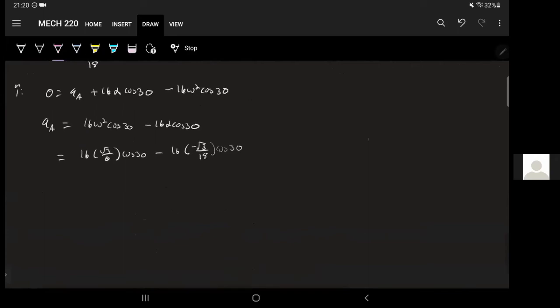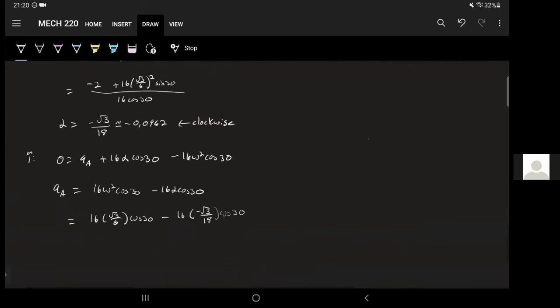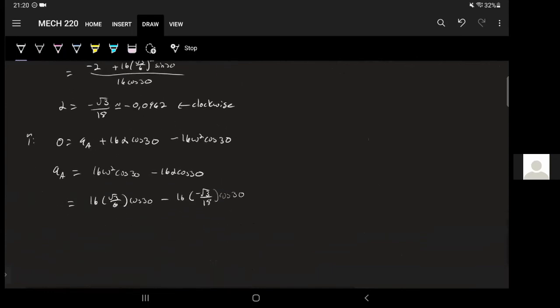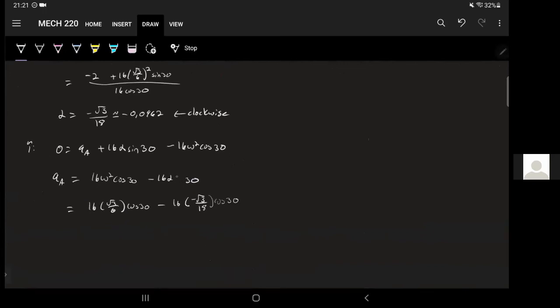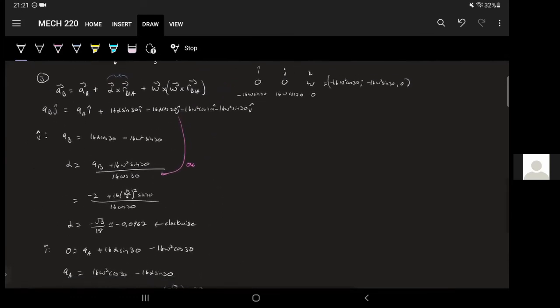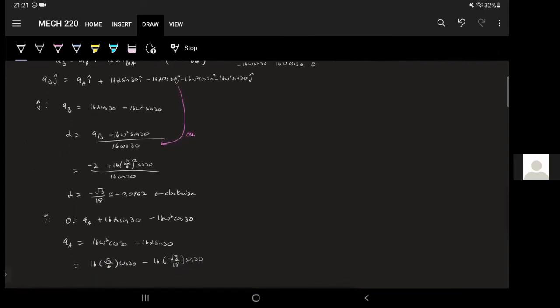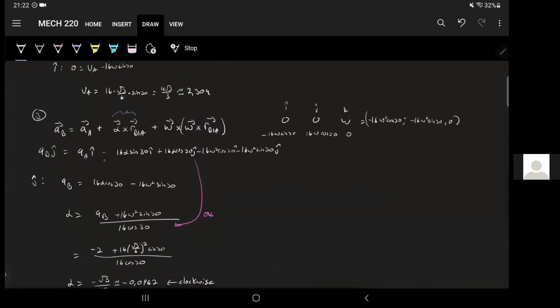Okay, and so once we have this, I just need to propagate this. It's going to be sine here, minus sine of 30. Yeah, so I'm correcting this to be reflective of the changes I made here.